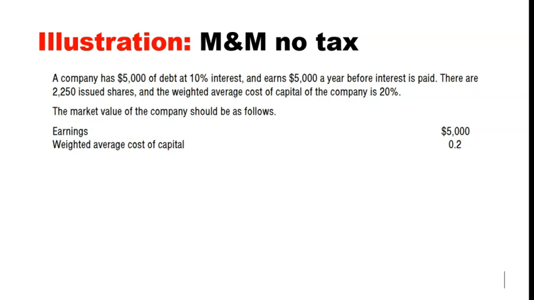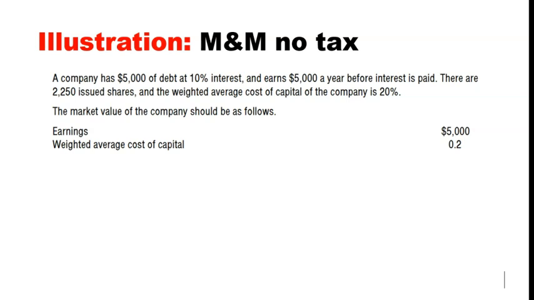Okay, a company has $5,000 of debt at 10% interest, and earns $5,000 a year before interest is paid. There are 2,250 issued shares, and the weighted average cost of capital of the company is 20%. The market value of the company should be as follows.